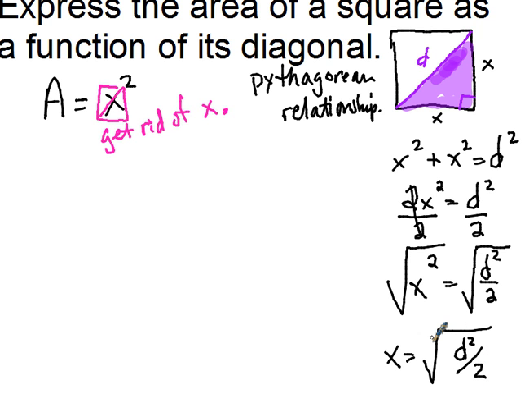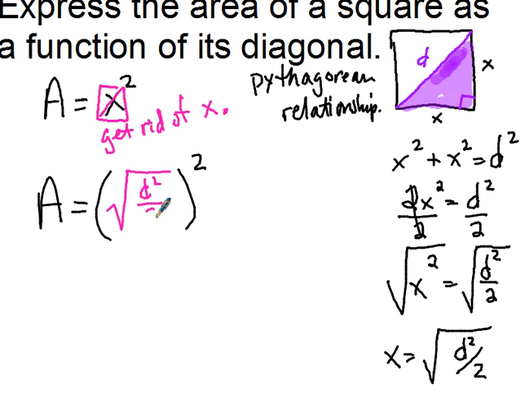Okay, this is what I want. I want to solve this Pythagorean equation for x. Area as a function of diagonal. So this something squared is what I'm going to find out now.